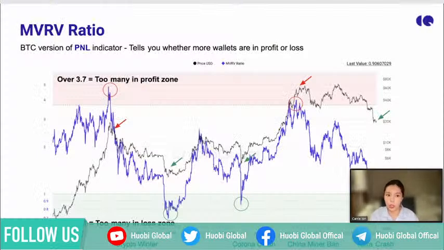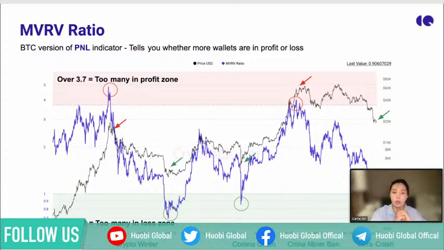The MVRV ratio is Bitcoin's version of a P&L indicator. It tells you whether more wallets are in profit or in loss. It compares the price when it was last moved to the current price. So when the line is at 3.7, in the red zone, too many wallets are in the profit zone. And when it's under 1, too many are in the loss zone.